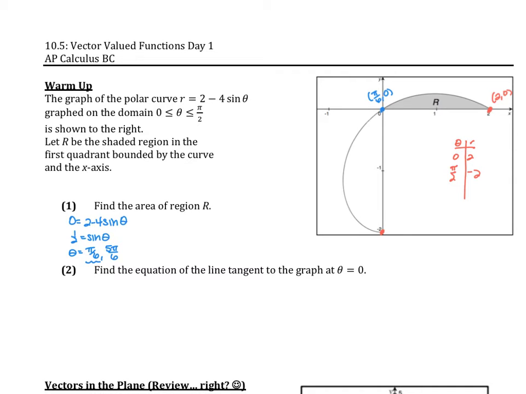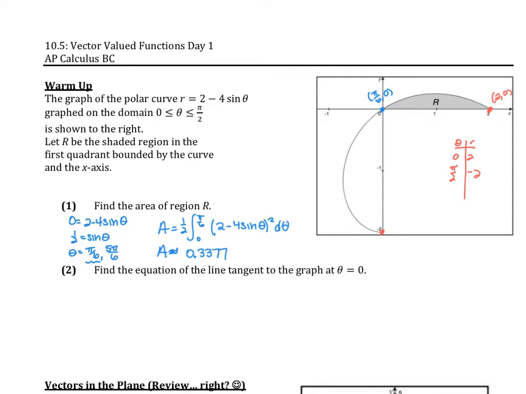Now that I know my bounds of integration, finding the area should be pretty easy. Area equals 1/2 the integral from 0 to pi over 6 of (2 minus 4 sine theta) squared d theta, and then I type that in my calculator. Here I get that the area is approximately 0.3377. How'd you do with that one?